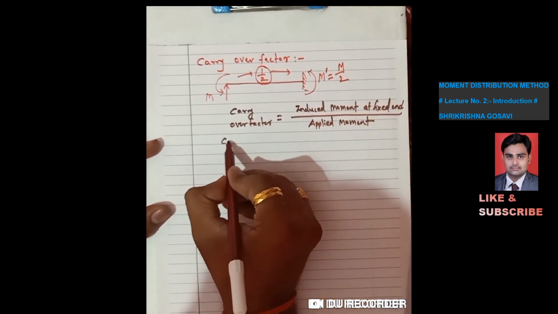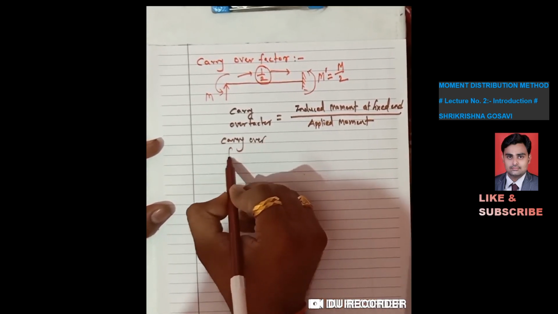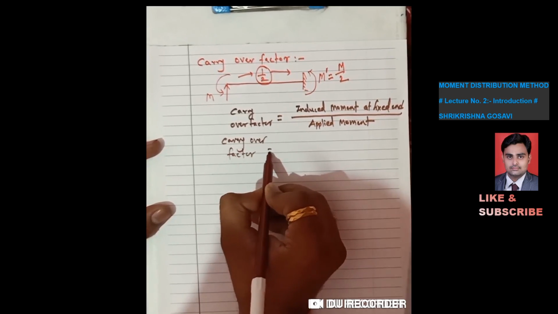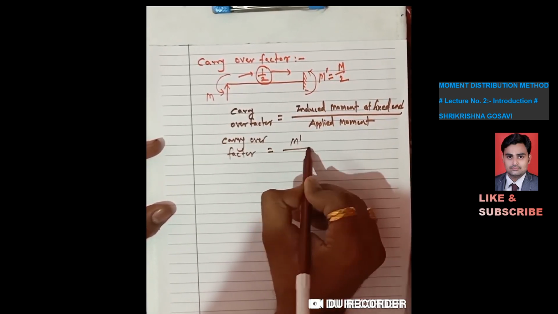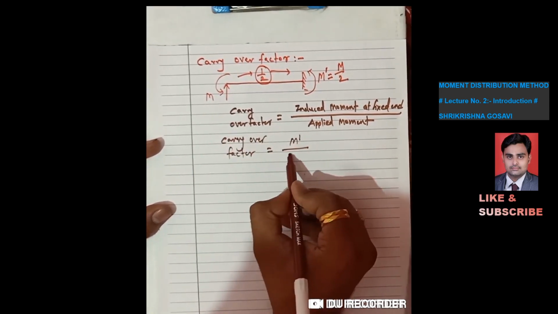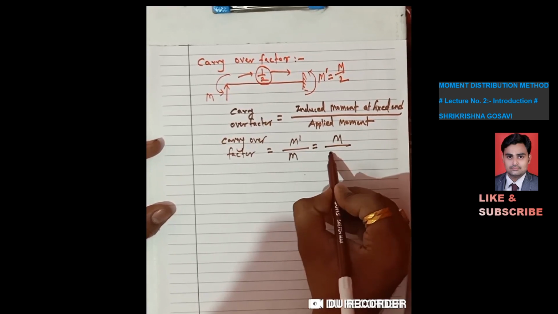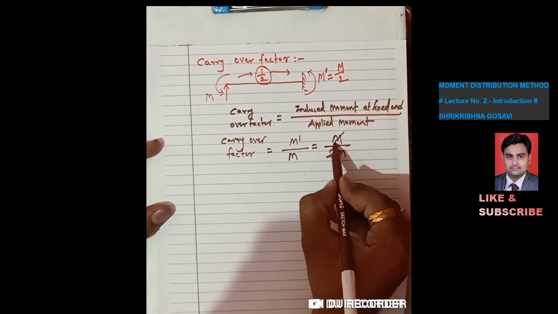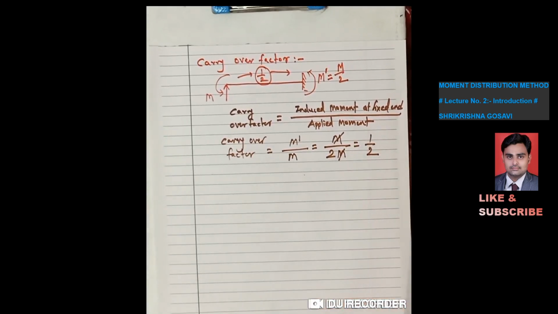So carryover factor is, in this case, the induced moment M dash divided by the applied moment M. M dash is M by 2, so M gets cancelled. What do we get? 1 by 2. So this 1 by 2 is nothing but the carryover factor.